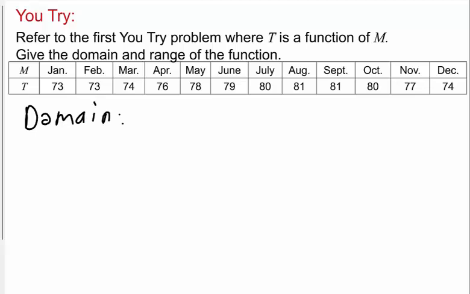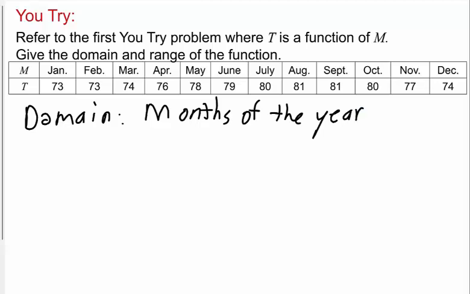I'm just going to say the domain is months of the year. We know it's months of the year, all months. I can put all if you want, all months of the year. Let me raise that M so it looks a little better. All months of the year.